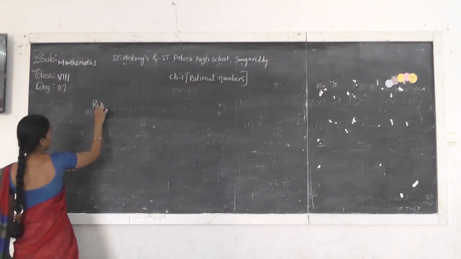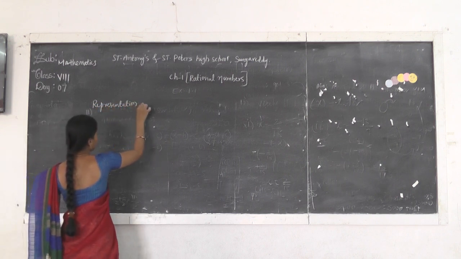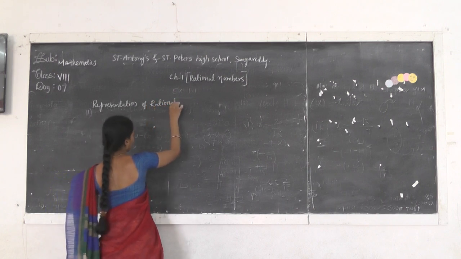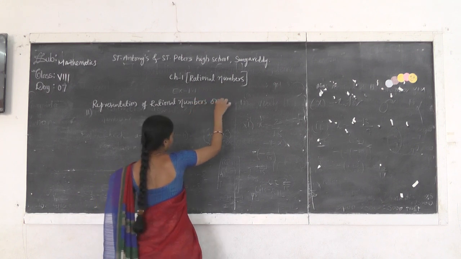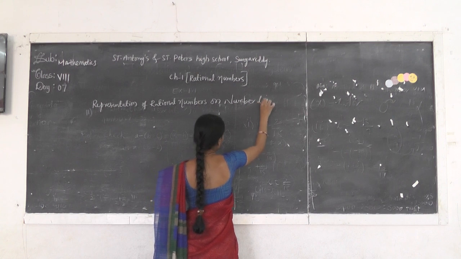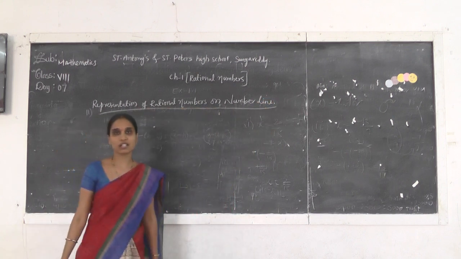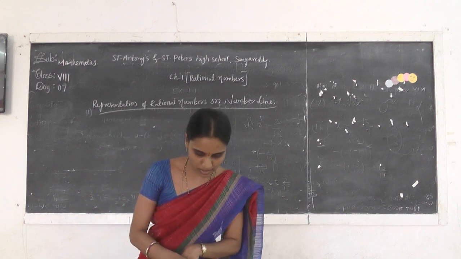Representation of rational numbers on the number line. How to represent rational numbers on the number line?